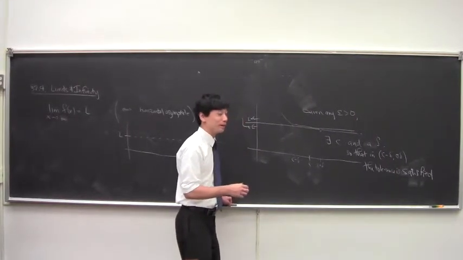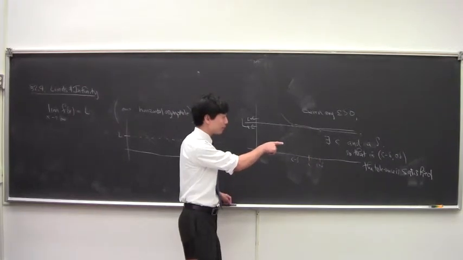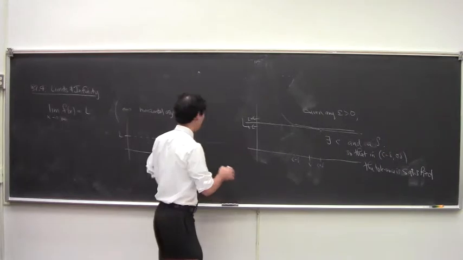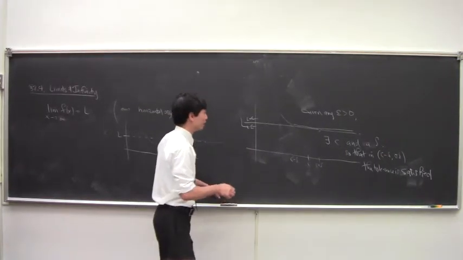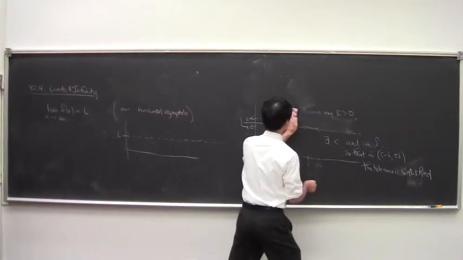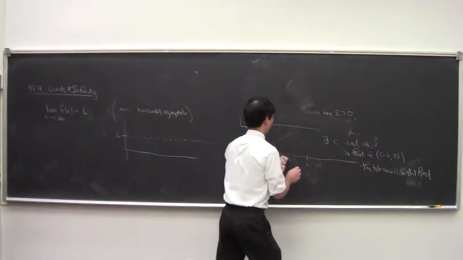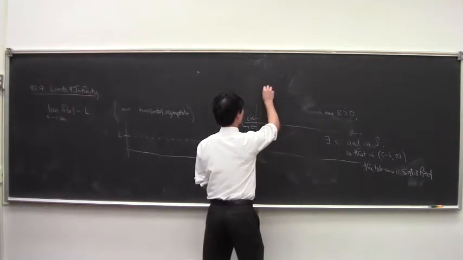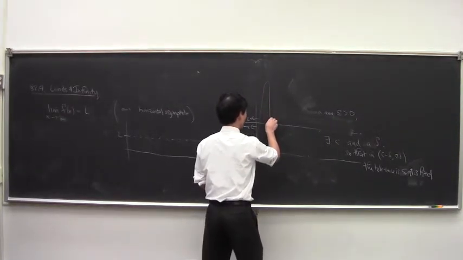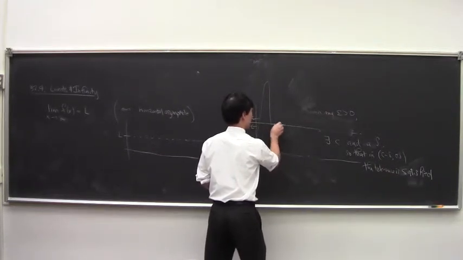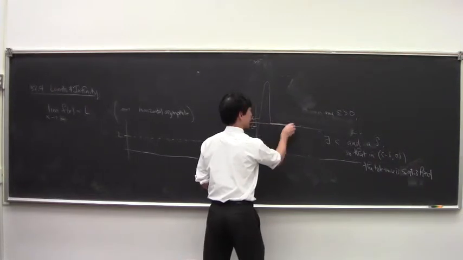Let me show you something that will satisfy your definition, but won't satisfy what we think. So you could have a function that goes like this. Here's my function. My function is going to go up, it's going to drop down, and it's going to equal L for some time.